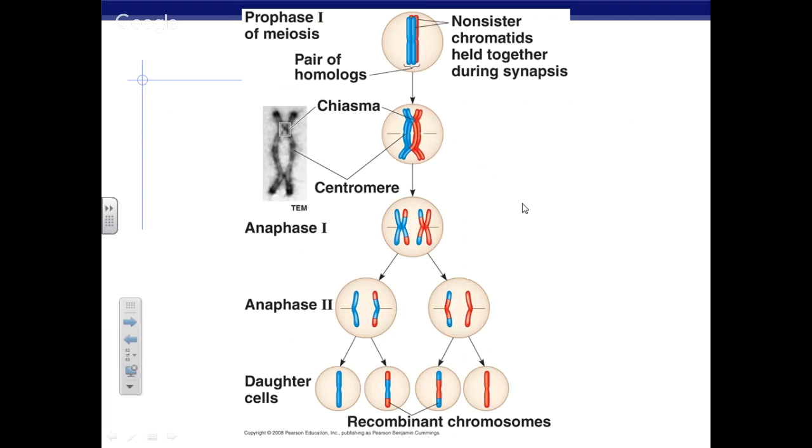On this one that has experienced crossing over, the farther away a gene is from the centromere, the more likely it is to experience a crossing over event, because the farther away you are, the more tangled it can get. Genes that are linked and also close to the centromere usually will travel together and won't be separated.